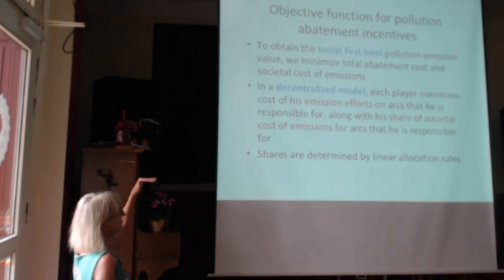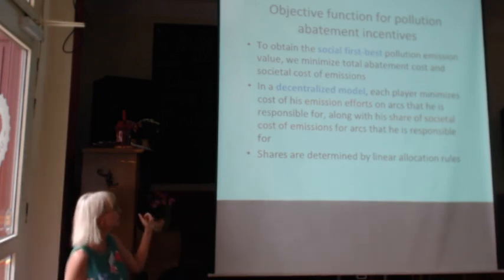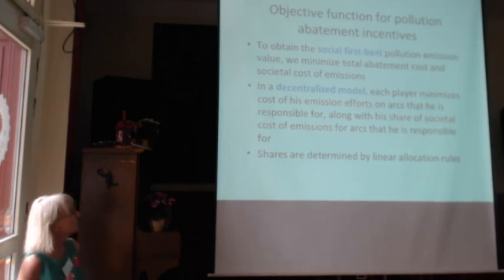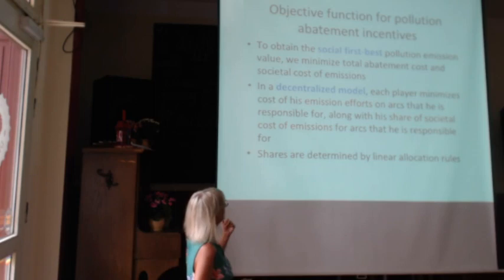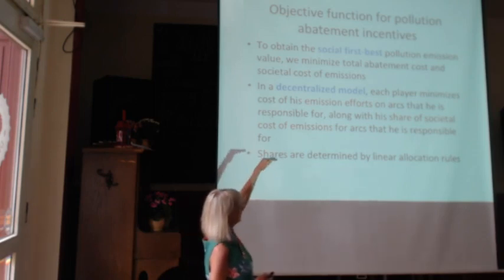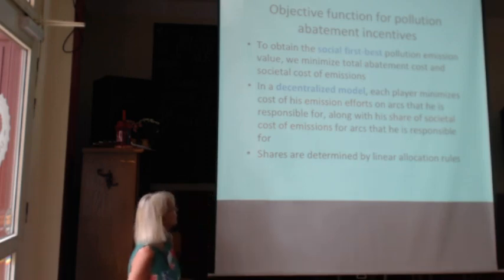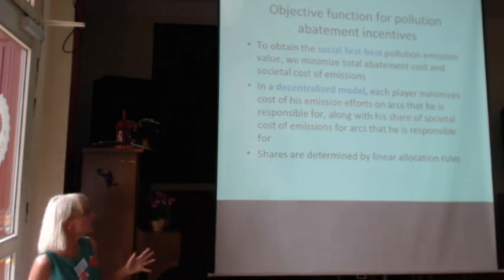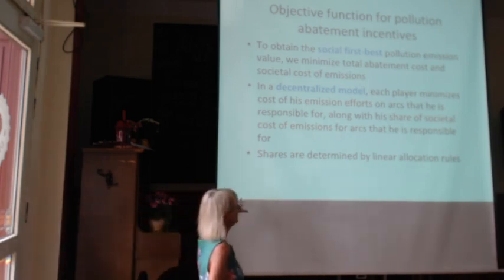So for the first best, we are looking at the total cost of abatements and the cost of emissions. And for the decentralized model, what we assume is that each player is looking at his own efforts at reducing emissions, plus his share of societal cost of emissions. And these shares are being determined by a family of linear allocation rules.